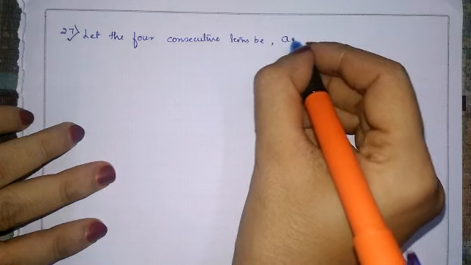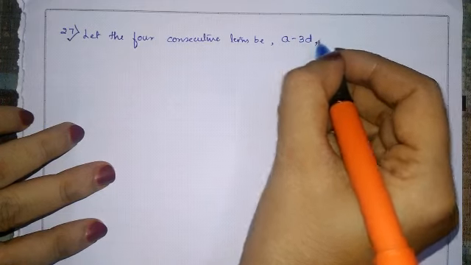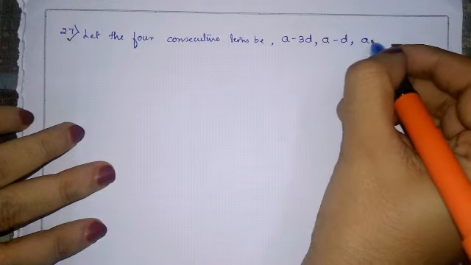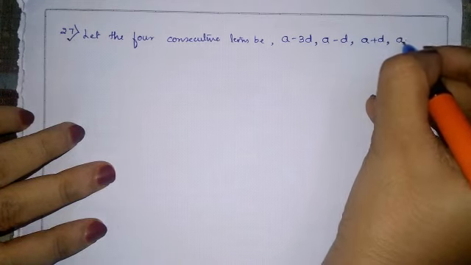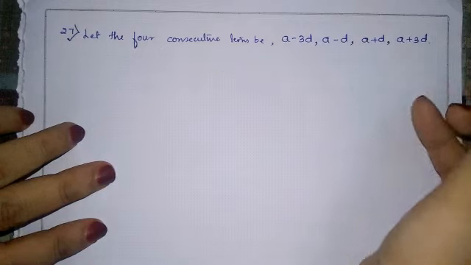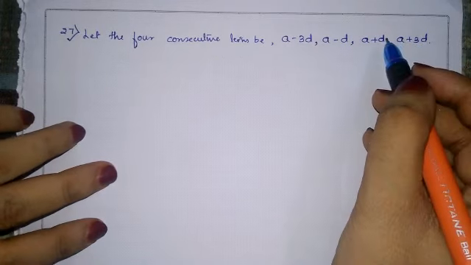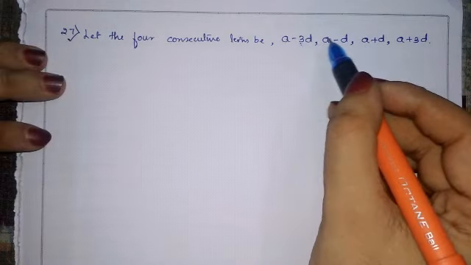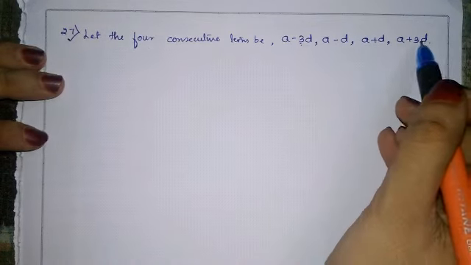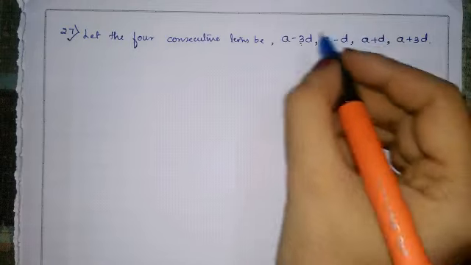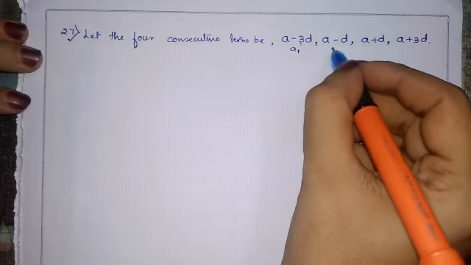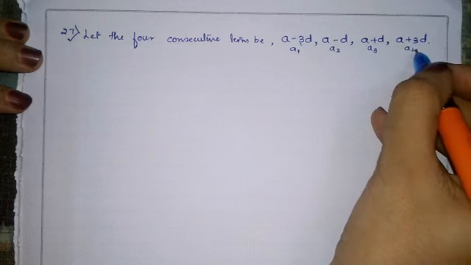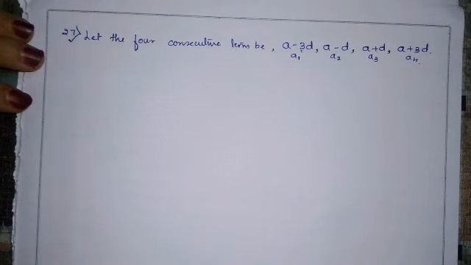A minus 3D, one number we have to leave, A minus D, A plus D, A plus 3D. These 4 consecutive terms we have taken. This is our first term A1, this is A2, this is A3 and this is A4. Okay, let us solve now.